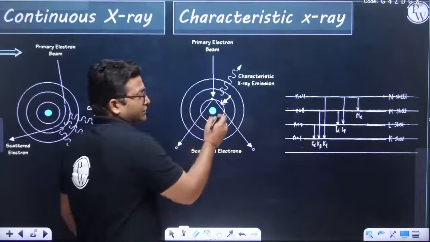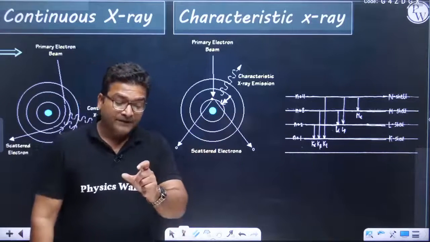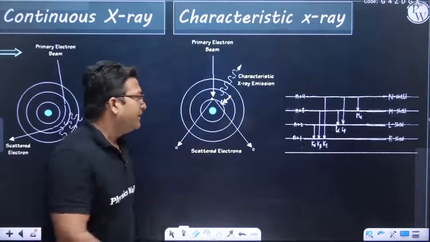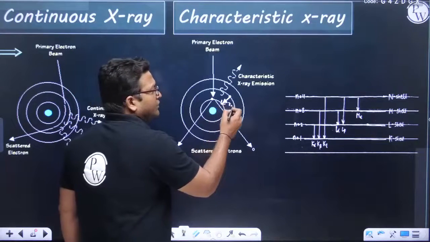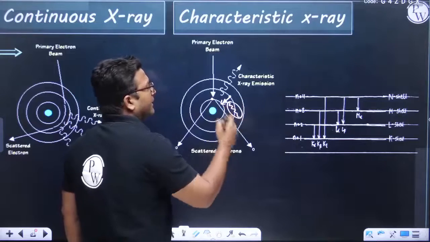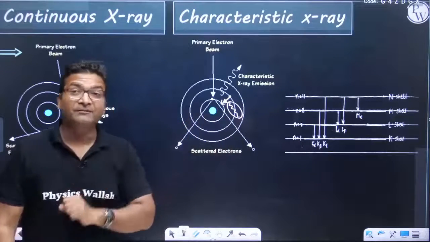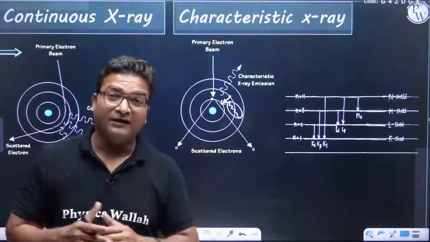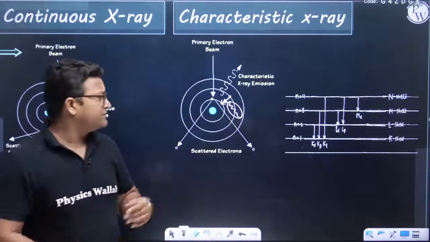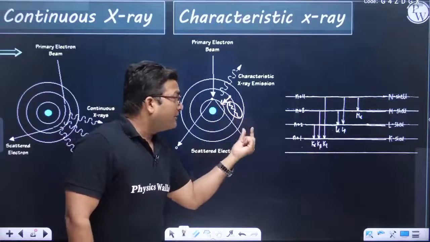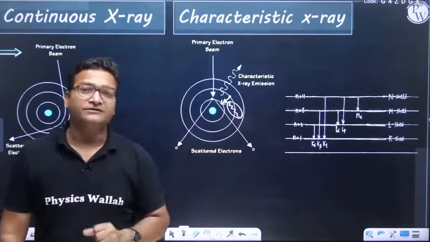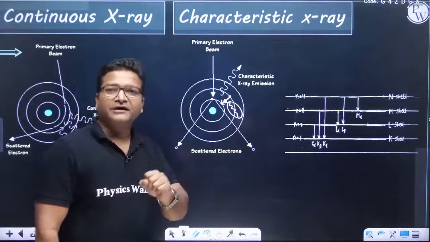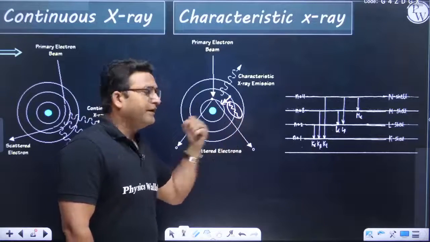And this transition, just like the electron transition in atomic structure, is followed by emission of a photon. And as this is a very heavy metal, the energy difference between two shells is quite large, and as the difference of energy is quite large, the photon emitted too has a very high energy that belongs to X-rays. So this is also called X-rays.